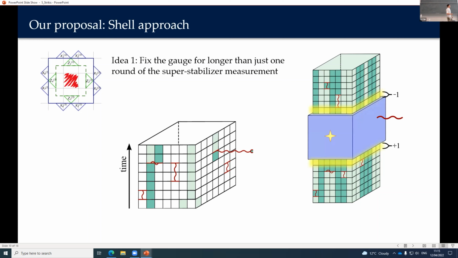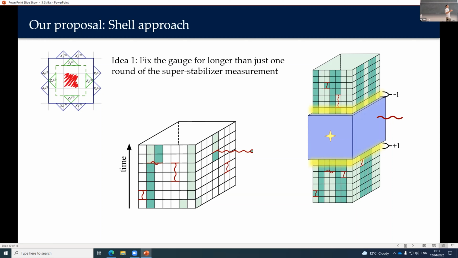So here, what I'm representing are these little squares, which are essentially the gauge operators themselves. One round of measurement would be one perimeter around, like a circle around it, and that is representing the superstabilizer. As you can see, we measure greens for multiple rounds, and then we switch to blues, and then we switch to greens again.